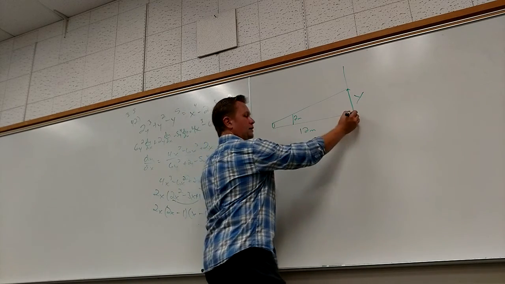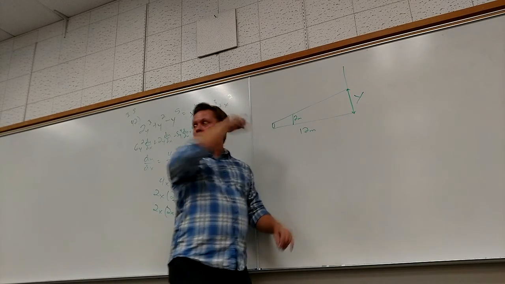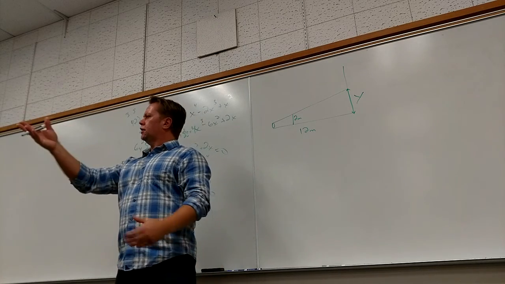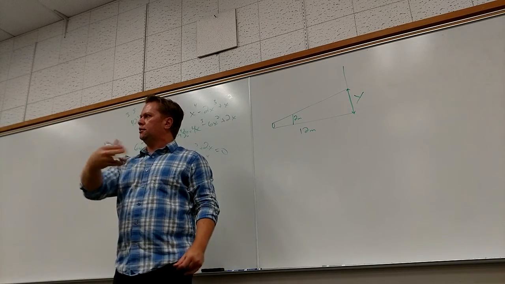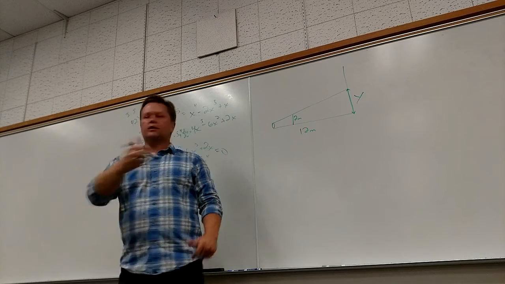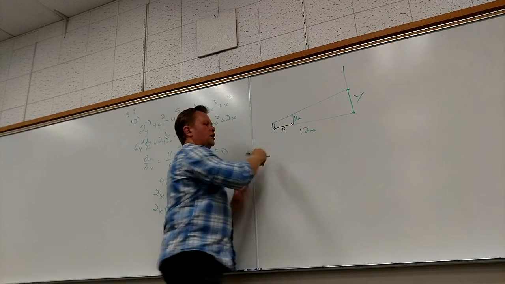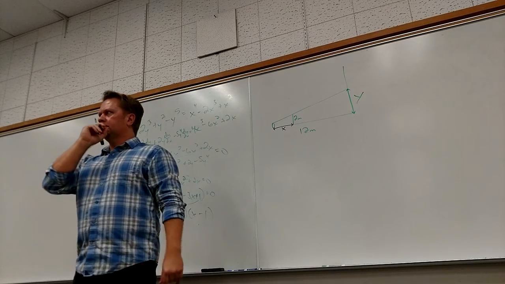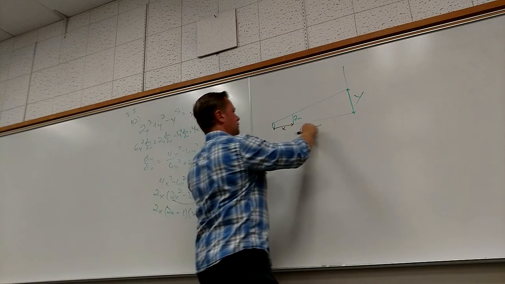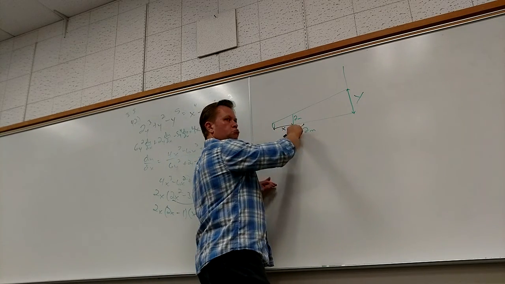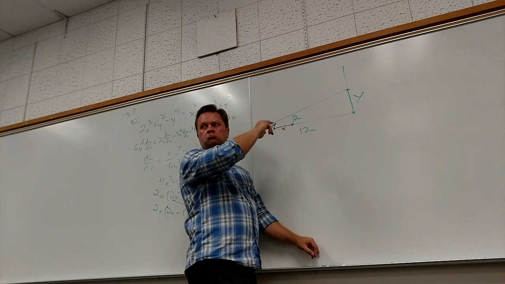Is this whole thing x? Good. Him to the spotlight, but it could also be him to the building. So it's up to you. So let's say between him and the spotlight is x, because he's walking away from the spotlight. I like that. Which means, of course, this is going to be 12 minus x.